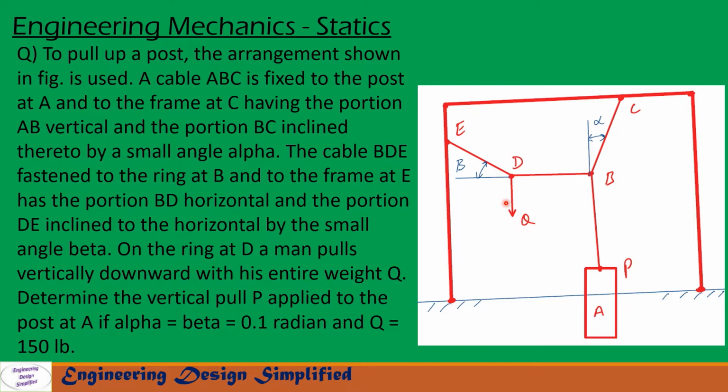We need to find what is the pull exerted on this post, and the angles given are alpha equal to beta equal to 0.1 radian. In the coming slides, let us see how to solve this problem.